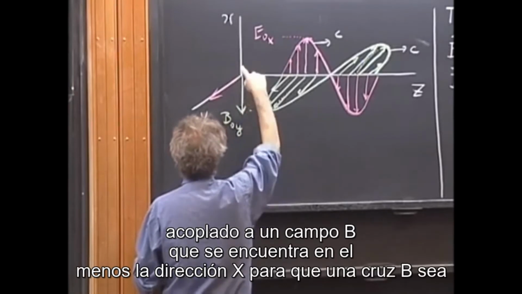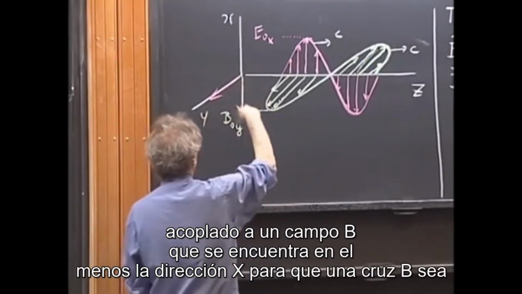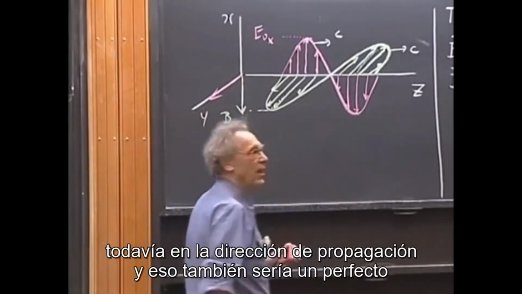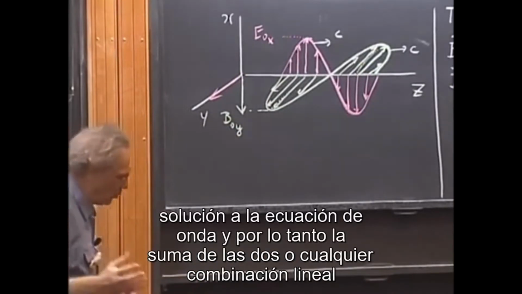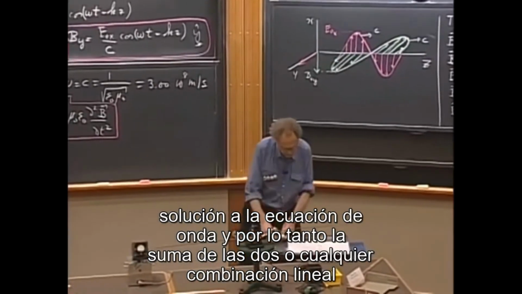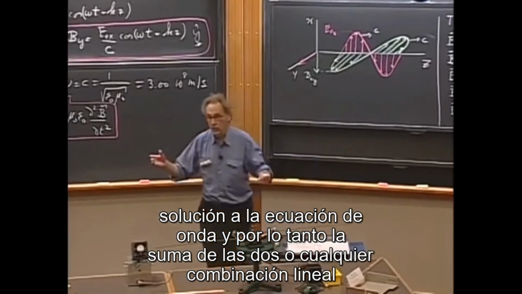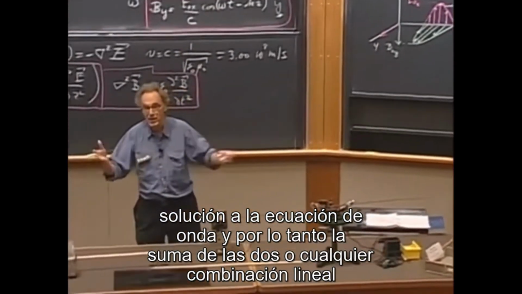At this moment in time, it would be coupled to a B field which is in the minus x direction, so that E cross B is still in the direction of propagation. And that would also be a perfect solution to the wave equation.